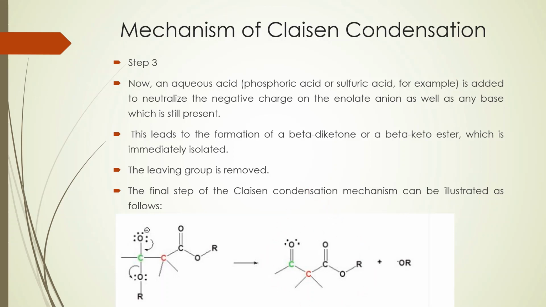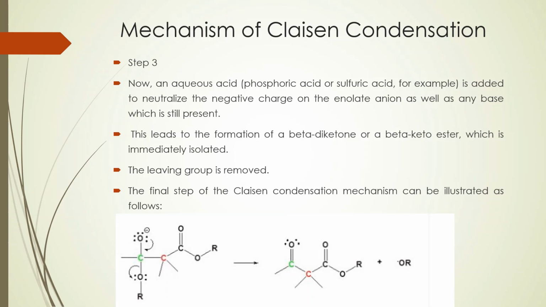This is known as beta keto ester. Now, why is it known as beta keto ester? Because here the functional group is this ester group. So, the carbon atom which is adjacent to the functional group is numbered as alpha. So, this is the alpha carbon atom and this is the beta carbon atom.